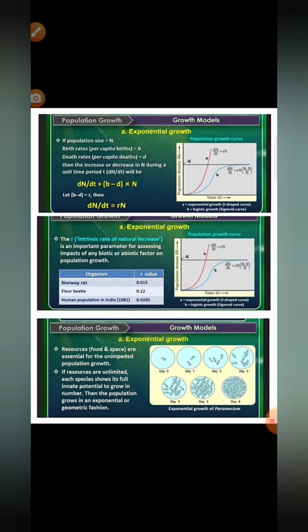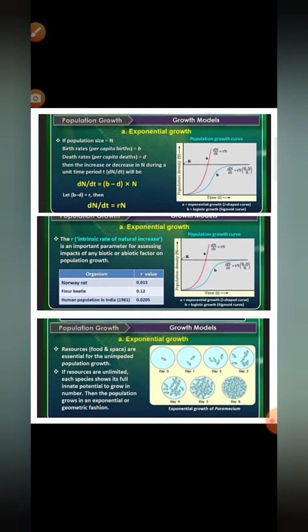What is capital N? That is the population size. Nt is equal to the population density after time t. N0 is the population density at time 0. R is the intrinsic rate of natural increase, e is the base of the natural logarithms, B is birth rate and D is death rate.